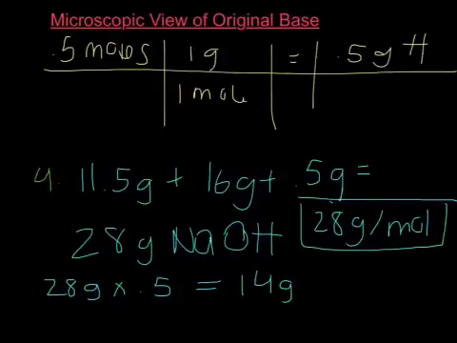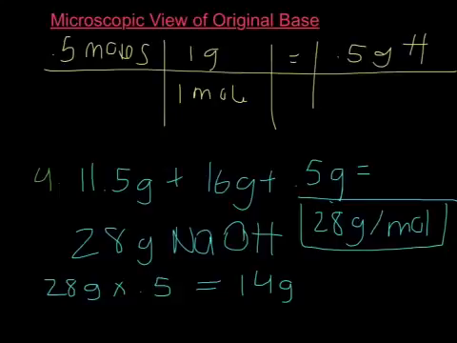We're converting moles to grams. And then you do the same with H and you get 0.5 grams. Then you must add all of these values to figure out how many grams you have of NaOH, and you will find that 11.5 plus 16 plus 0.5 will give you 28 grams of NaOH.